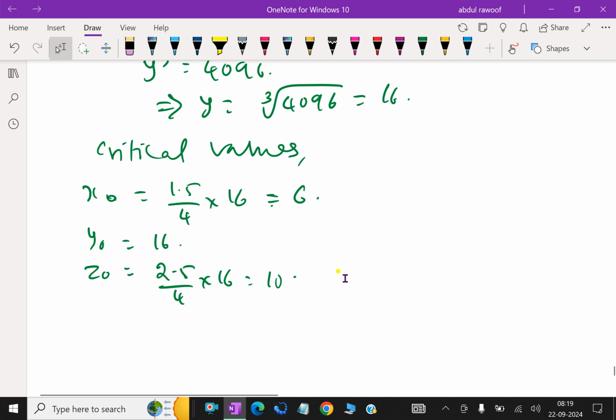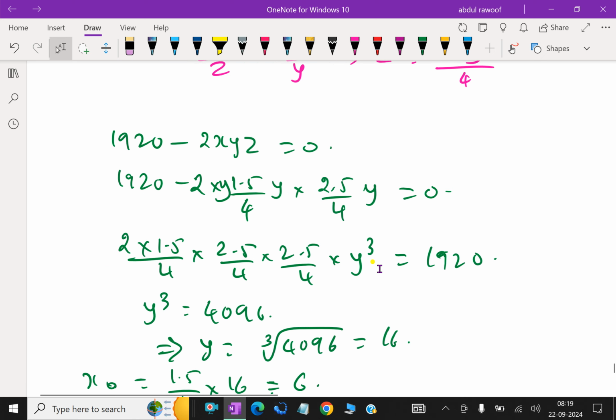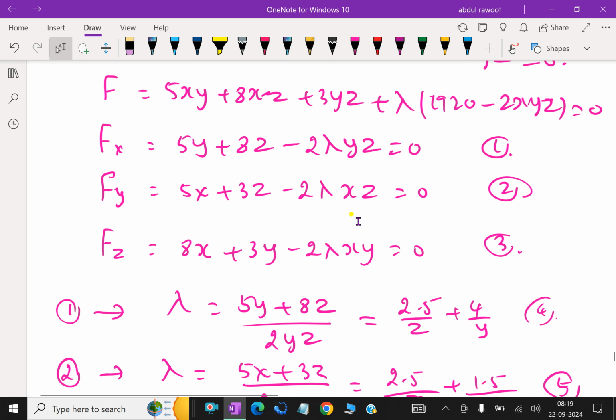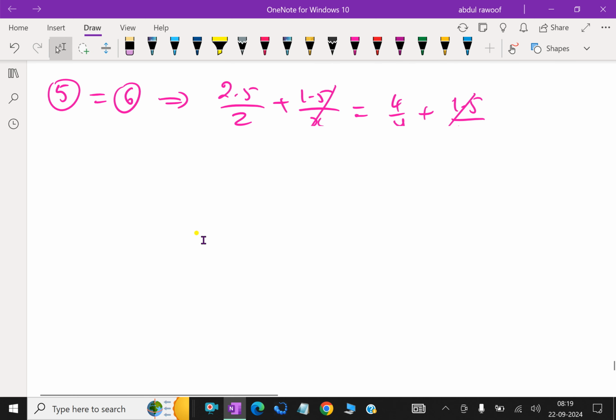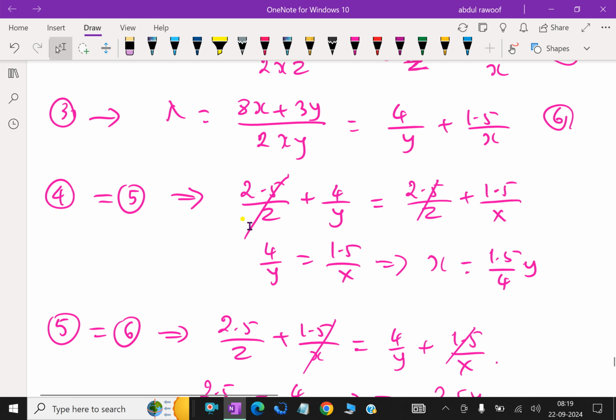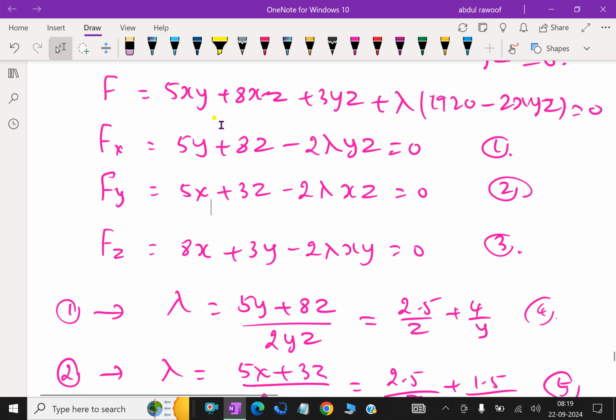Therefore, by using these three values we can also get the lambda. That means by using any one equation, suppose equation 1 we use it: 5y plus 8z minus 2 lambda yz equals 0.